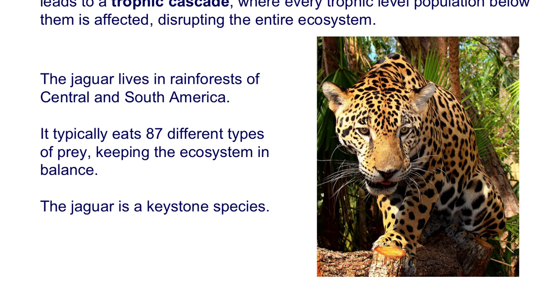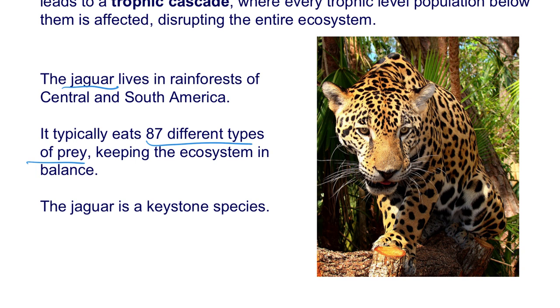In South America and Central America, the jaguar, who lives in a rainforest, eats about 87 different types of prey. So he's the keystone species, because it keeps those populations down.